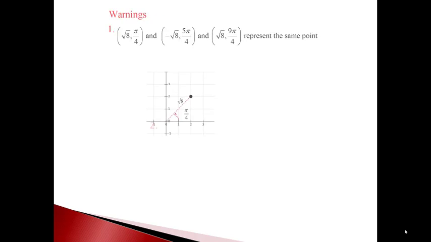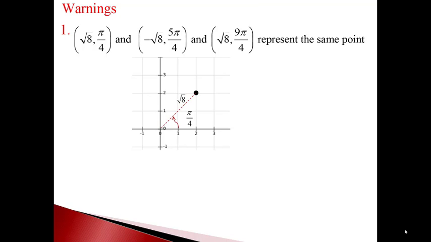There is some notice relating to polar coordinates. While each point in the plane is associated with exactly one pair of rectangular coordinates, a given point in polar coordinates has an infinite number of representations. For example, (square root of 2, pi over 4), (minus square root of 2, 5 pi over 4) and (square root of 2, 9 pi over 4) all represent the same point in polar coordinates.